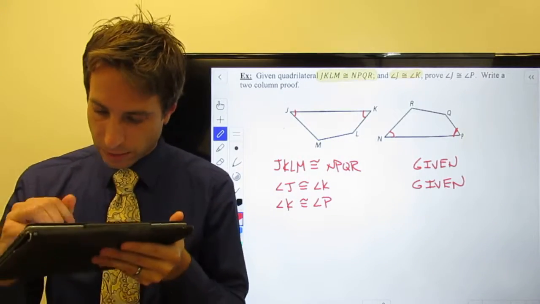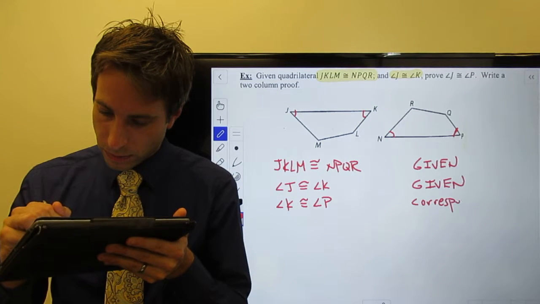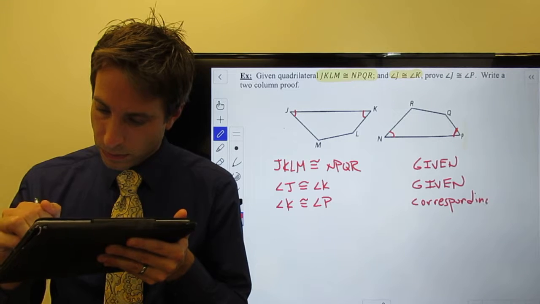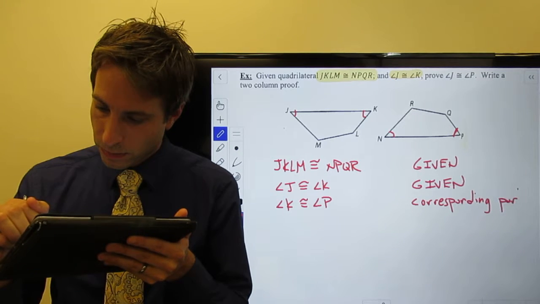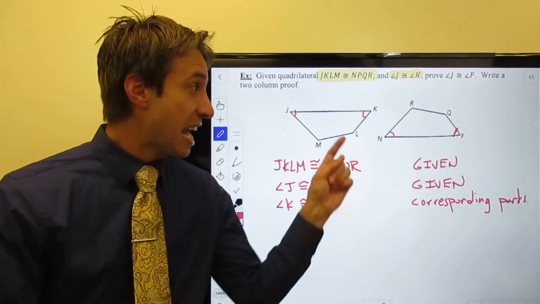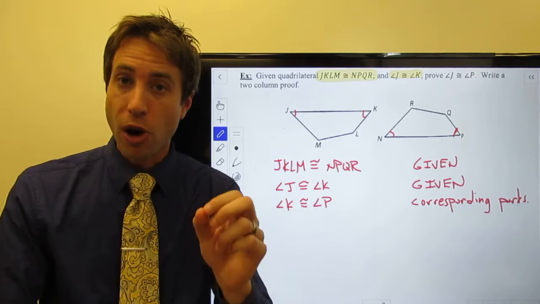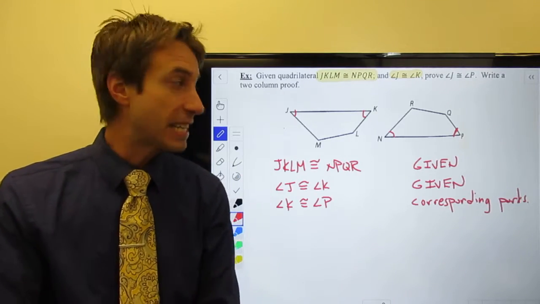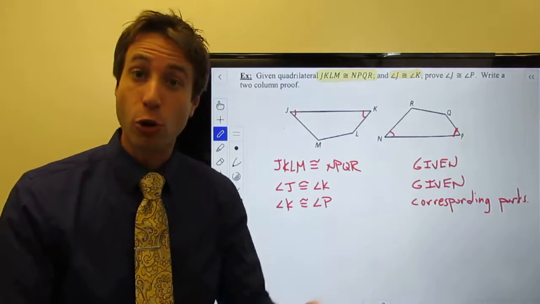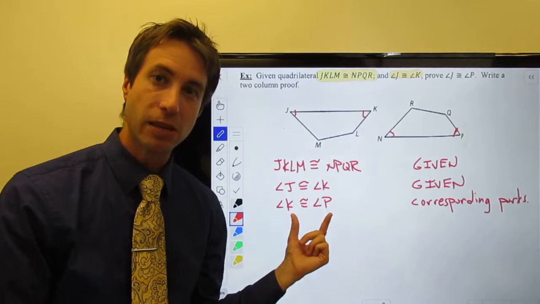Corresponding parts. It's my definition of congruence. If I have two congruent figures, corresponding parts must be congruent. K and P are corresponding parts, so they must be congruent.